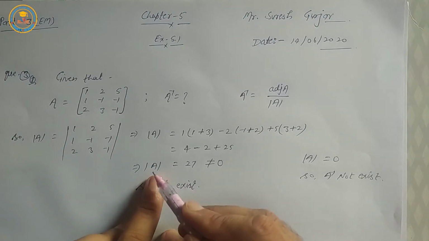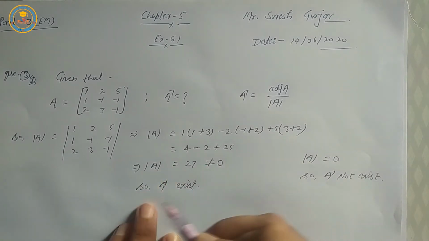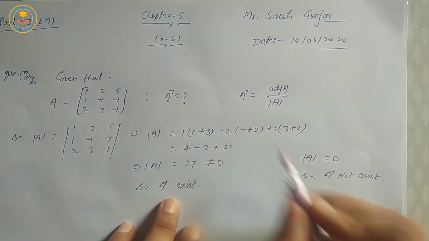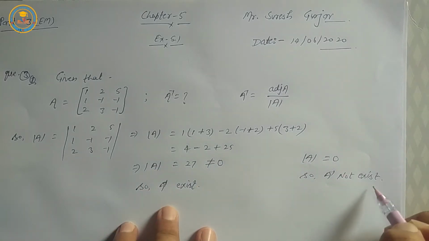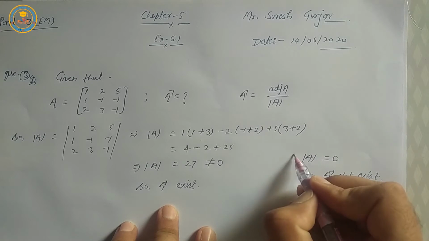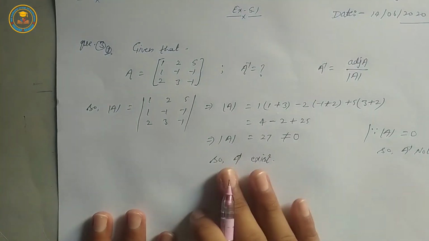First condition, determinant A not equal to 0, so A inverse exists, and determinant A equal to 0, so A inverse does not exist. Okay, it means A inverse exists.